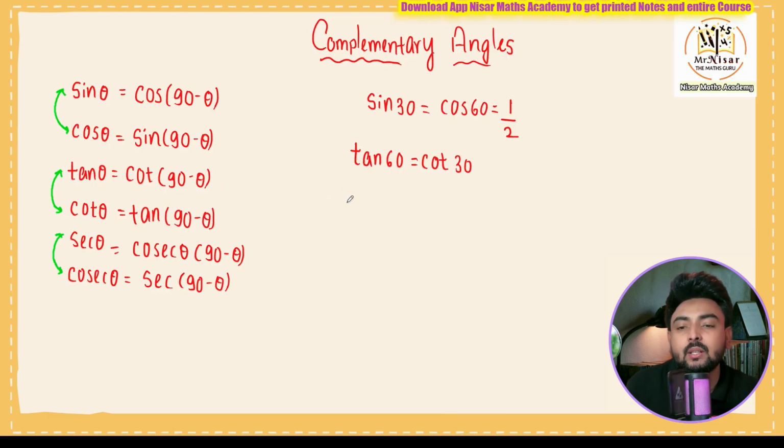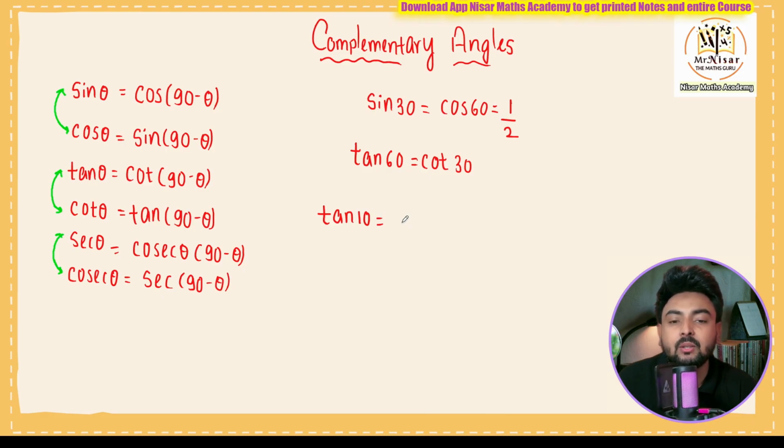One more thing, children: whenever I need to write the answer, for example the complementary angle for tan 10, how to write it? Many students have confusion in this, so I'll explain here. First, tan 10. 10 degrees is 90 minus 80.